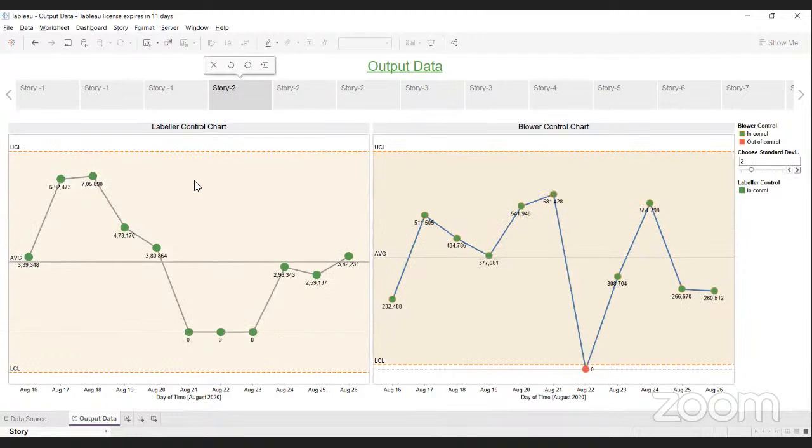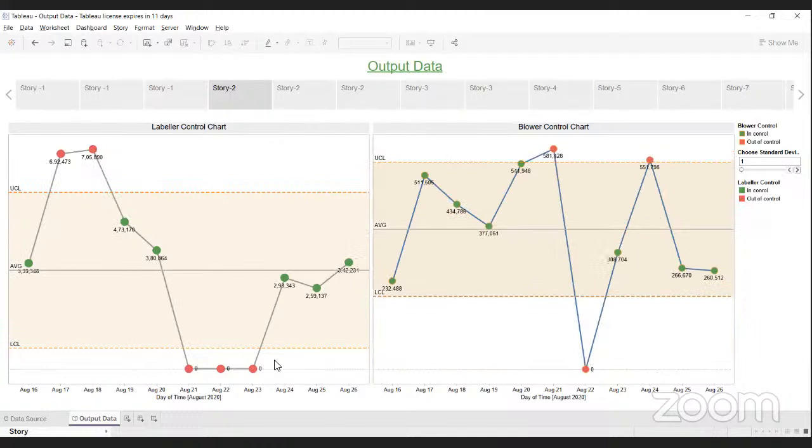If you consider more deviance than the Six Sigma level, you don't see any out of control limits with the labeler, but you can see them for the blower. So it completely depends on what the client wants to use. But as I said, 1 Six Sigma level is when you can see the correct performance of the machines. So this is an interactive dashboard where we can see the performance of both machines in the same view.